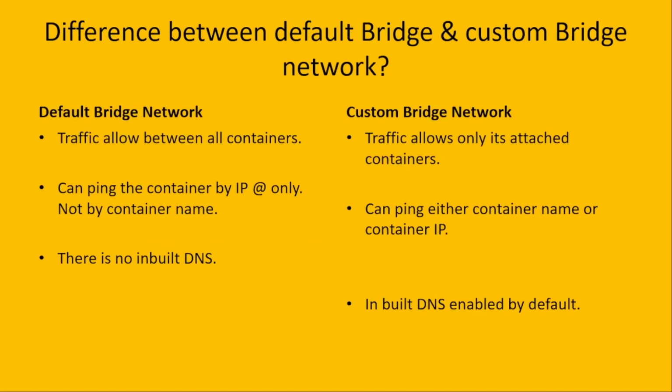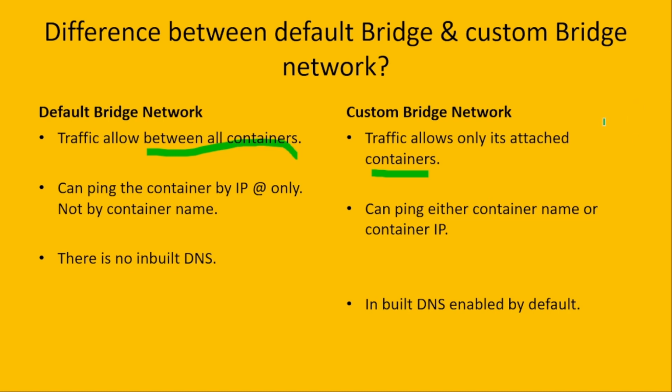So difference between default bridge and custom bridge network. So default bridge network traffic allow between all containers. So maybe sometime it's a security breach if we have multiple customers container running on a single host. So traffic allows only its attached container. So it is clearly mentioned that attached container traffic is allowed.